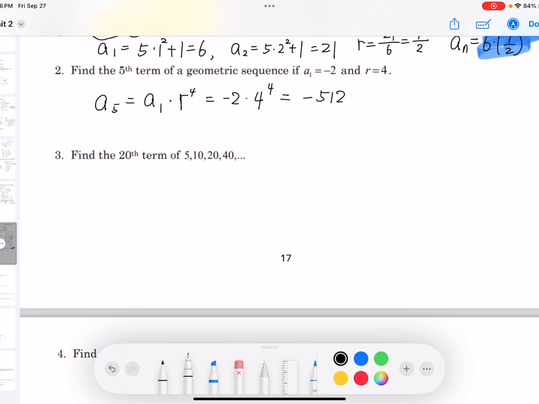Okay, next example. The 20th term of this. They gave us the sequence, and we need to find the a sub 1 and the common ratio r. First term multiplied by what? Multiply by 2 can get the second term. Multiply by 2, multiply by 2, I can get my next term.